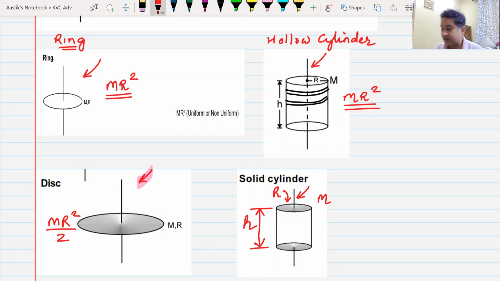What is the moment of inertia of this solid cylinder?